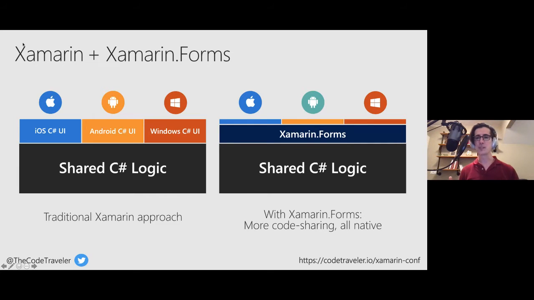Now, Xamarin Forms is a UI toolkit that runs on top of Xamarin that allows you to share your UI code. Now, the way Xamarin Forms works, it will take that button. So I'll tell Xamarin Forms, put a button on the screen. And then when I compile down for iOS, that button in Xamarin Forms will compile down into the native UI button on iOS.